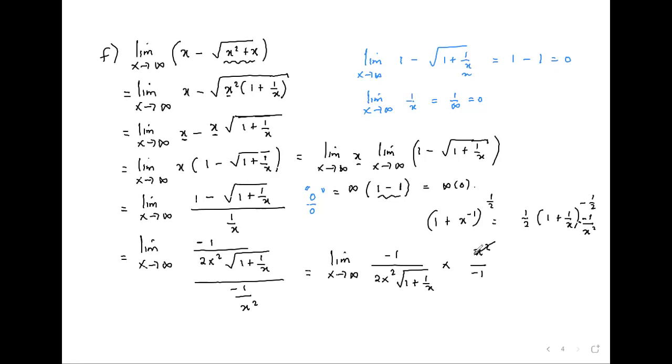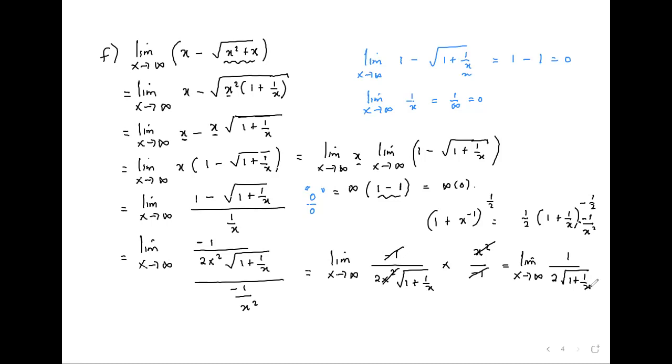So this one and this one will cancel, and then the negative 1 cancels. So we remain with the limit as x goes to infinity of 1 over 2 times the root of 1 plus 1 over x.